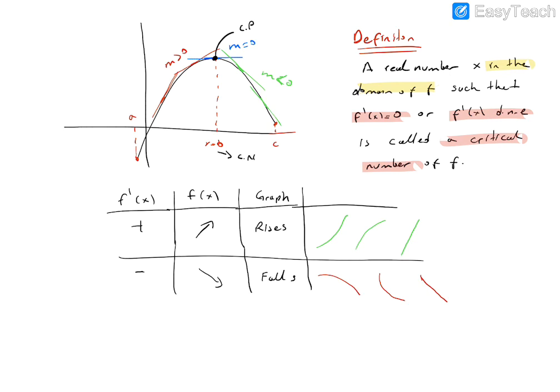We need all partition numbers of f prime when building a sign chart for f prime. When we decide the intervals where f prime is negative or positive, you should consider all partition numbers. Critical numbers are not enough to decide the sign of f prime. If f is a polynomial, then the partition numbers for f prime and the critical numbers of f are the solutions of f prime equals 0, so these are the same.